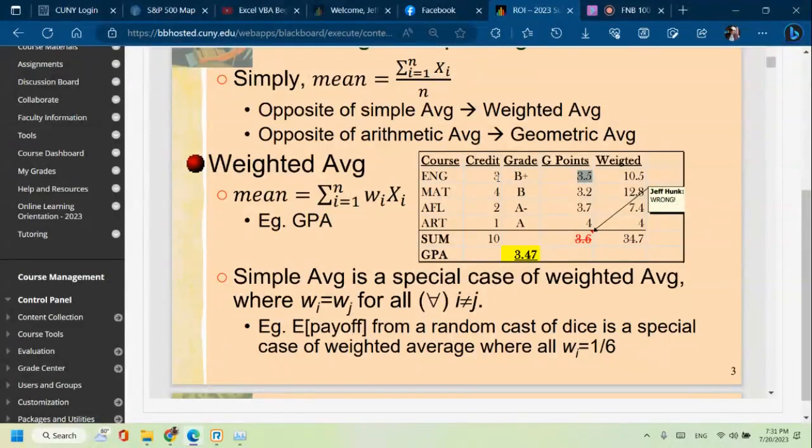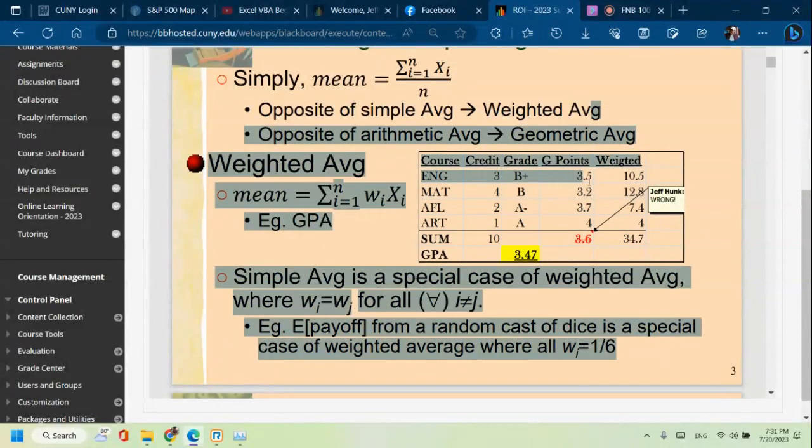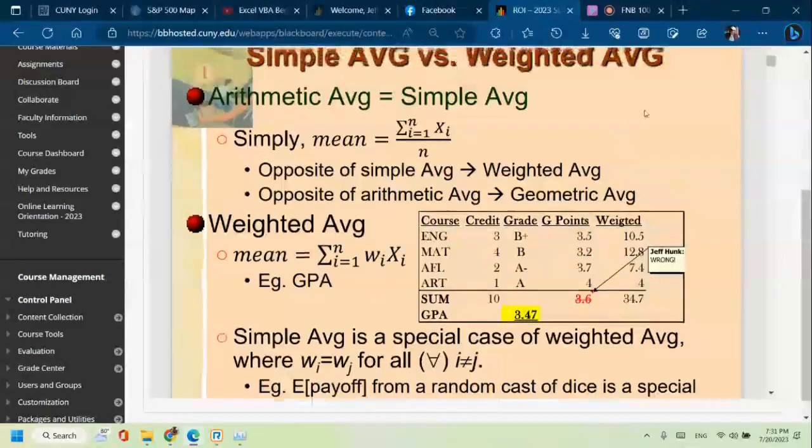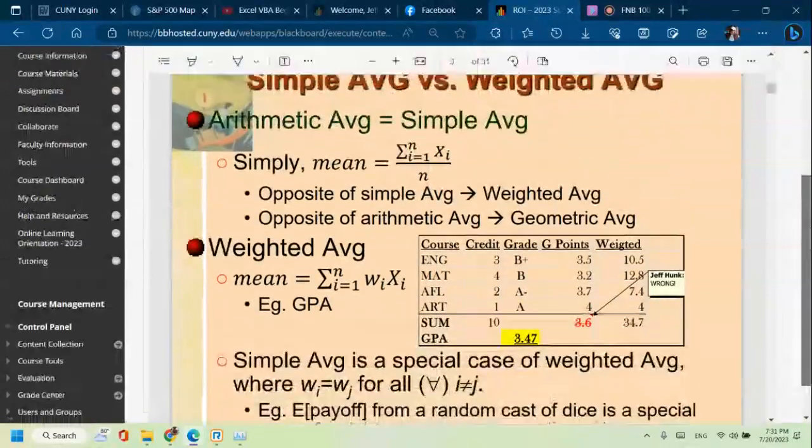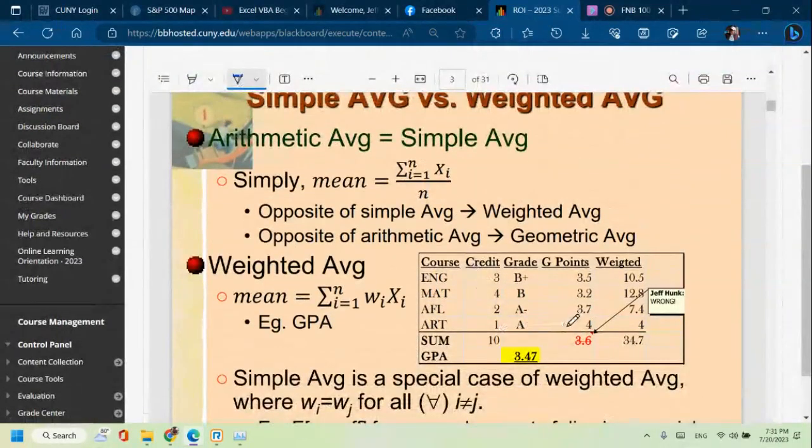What you need to do is weight these grade points by their weight. So that's weighting.